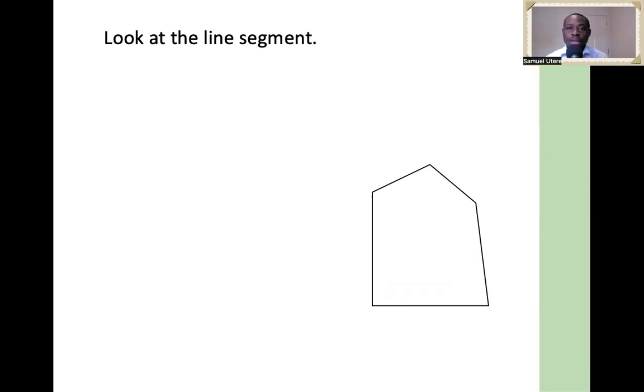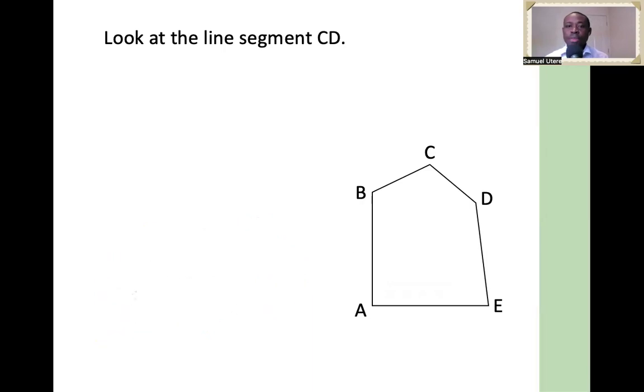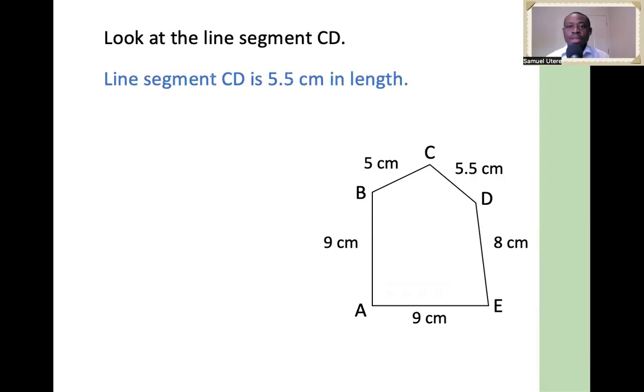Of course, you would be right, because if we label the shapes, I can change my question and be more specific. I can say, look at line segment CD. And we could even be more specific because line segments have length. So we can say line segment CD is 5.5 centimeters in length.